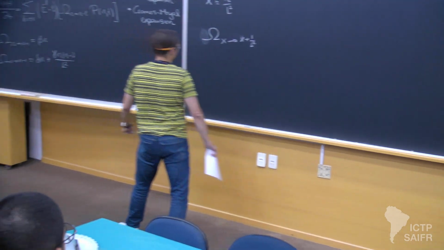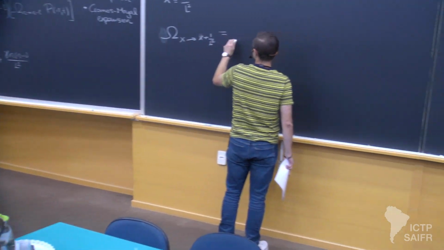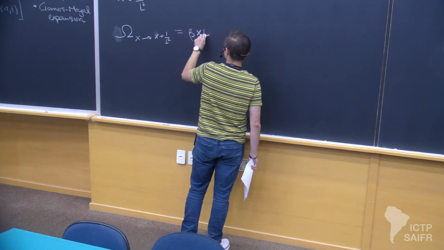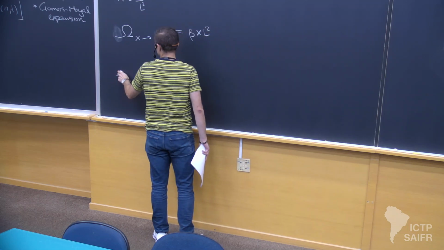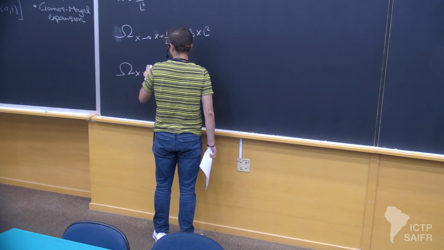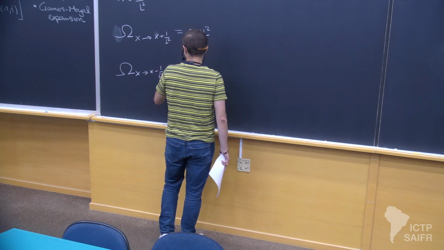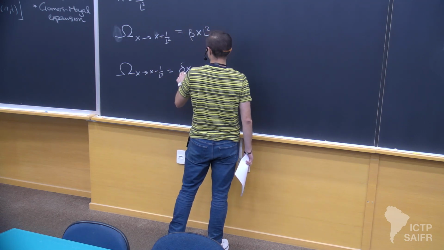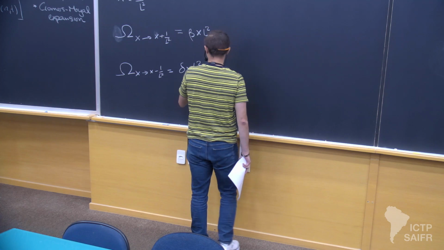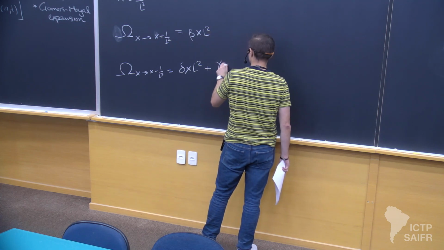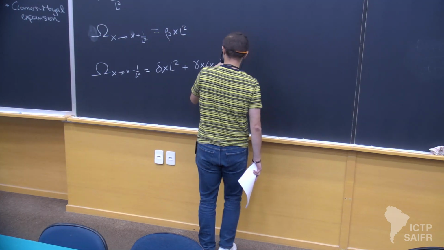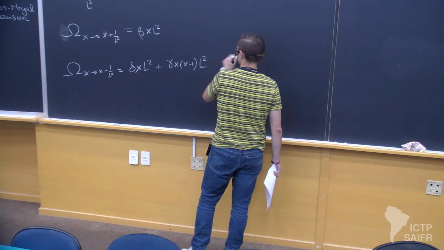And that rate is going to be beta x L squared. And I have the same procedure for the other transition rate. And this is going to be delta x L squared plus gamma x minus 1 L squared.